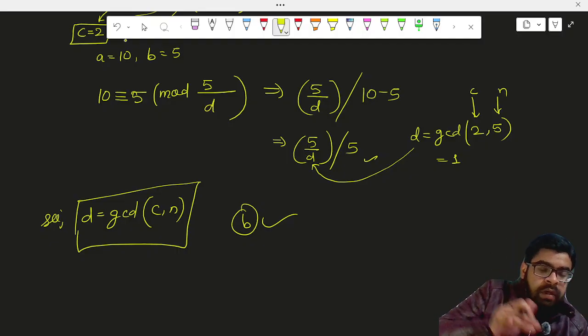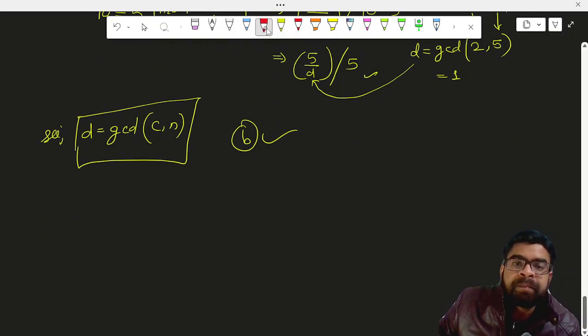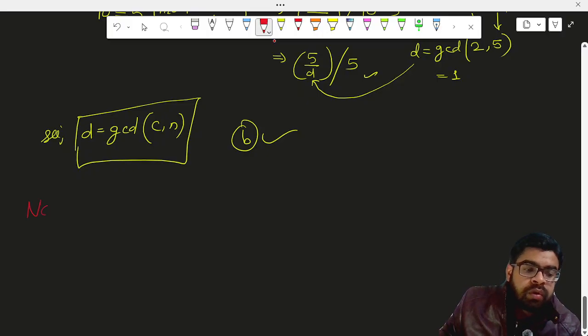So on the basis of this question, basically there are some properties or notes. So write down one note.